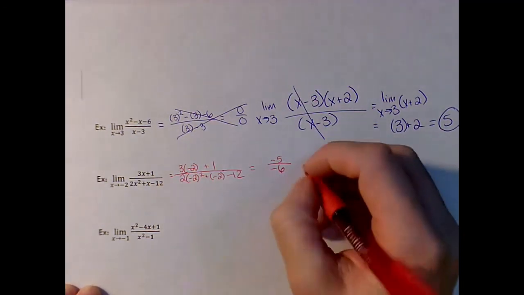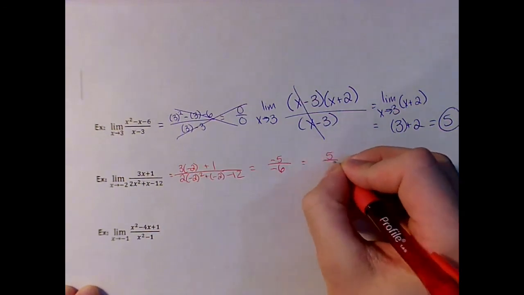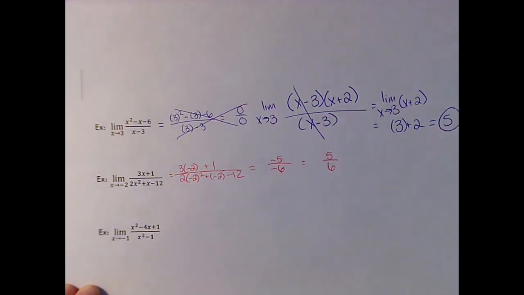So this is just a regular number. It's 5 over 6. That's nice. Just double checking my work, making sure I did everything right. And of course I did.